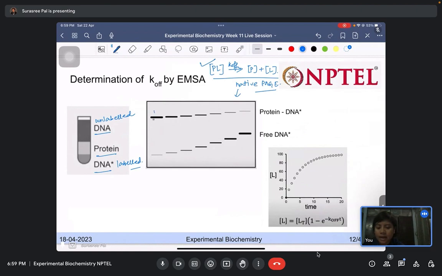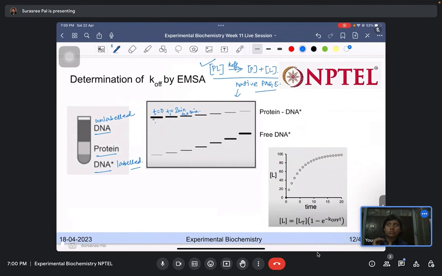Suppose we add it at t equals 0 in the first lane, and in the next lane we add it after, suppose, 2 minutes. So T1 will be 2 minutes, then T2 will be 4 minutes. So at 2 minute intervals, we are adding the sample on the gel while the gel is running.